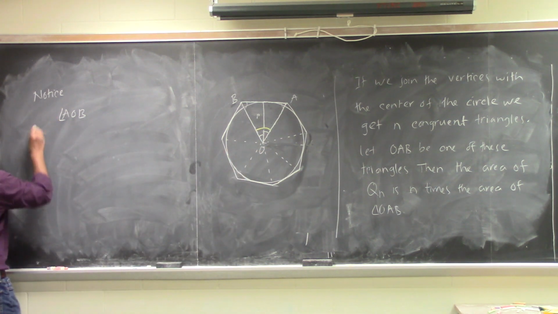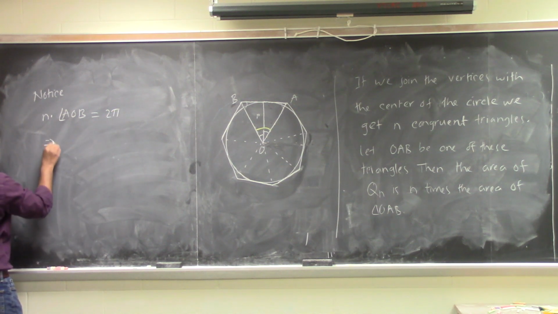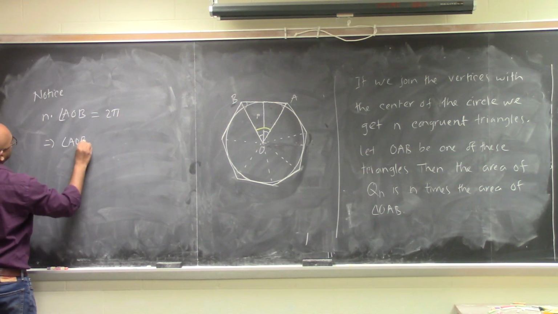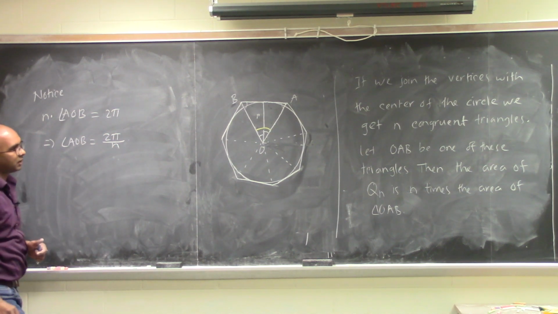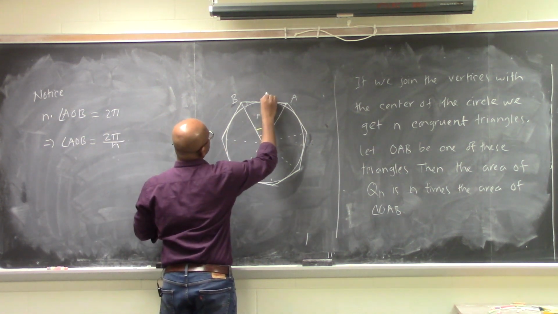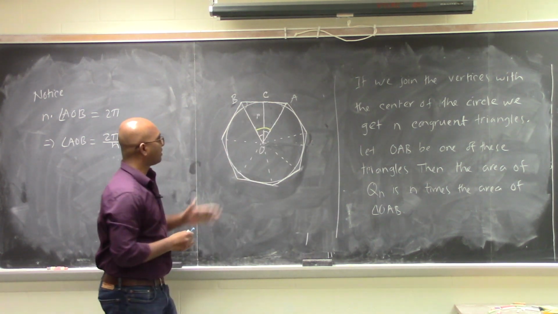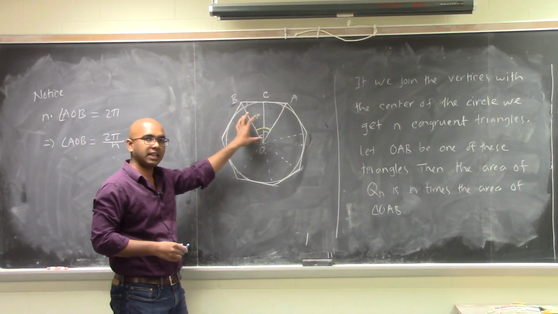So notice n times this angle AOB is 2 pi, and therefore angle AOB equals 2 pi over n, right? Okay. Then let's say this point is C. Now since this is a perpendicular bisector, this angle will be exactly half of that.